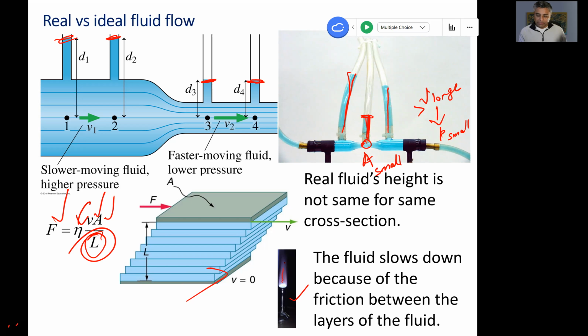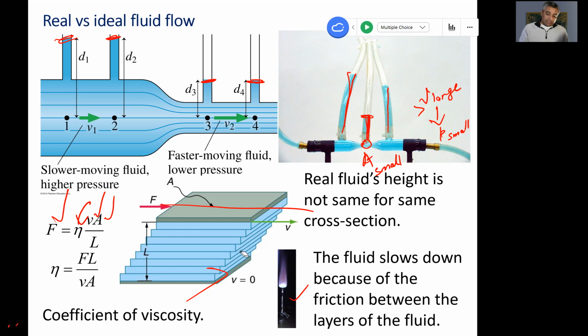What happens? At the middle, you see a high flame, okay? So these are coming faster at the middle. So the flow is faster at the middle, and near the wall, it's not flowing much. It's slower, okay?